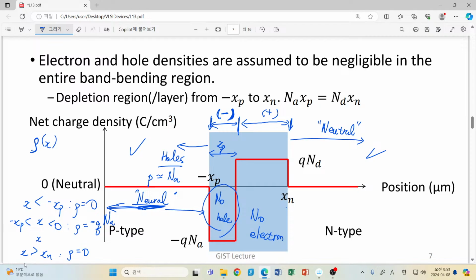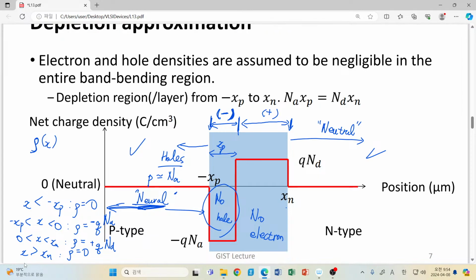And if we are in the n-type depletion region, then we will have rho equal to positive q times the donor density. So simply speaking, by adopting the depletion approximation, we can make a great simplification of net charge density. That is the key point we wanted to make available to us.